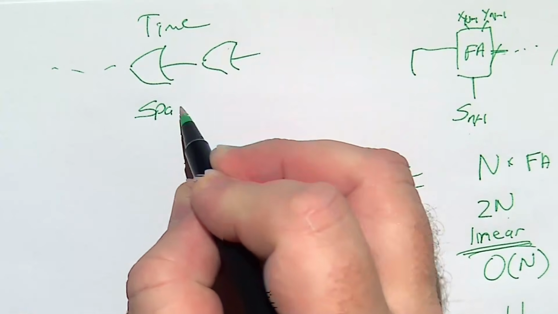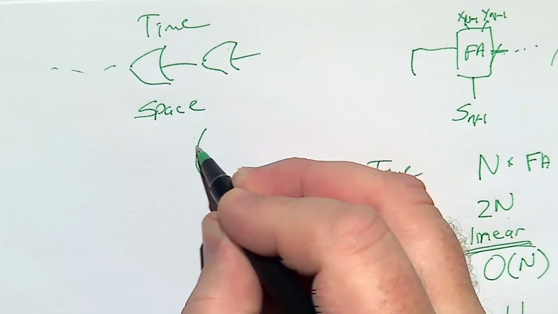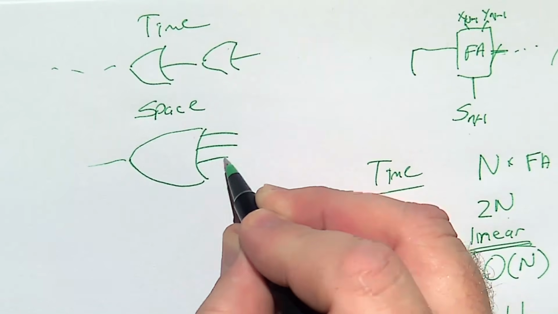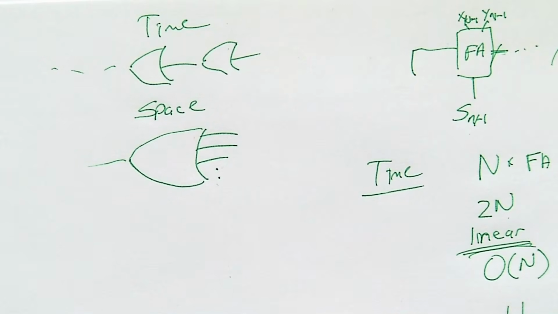What we're going to talk about with space complexity is what if I have a big gate and I add more and more wires to it, right? So it's going to require bigger gates. And when you reach those gates, with a single transistor, every wire carries current potentially into that junction.